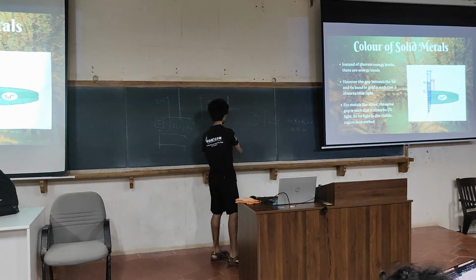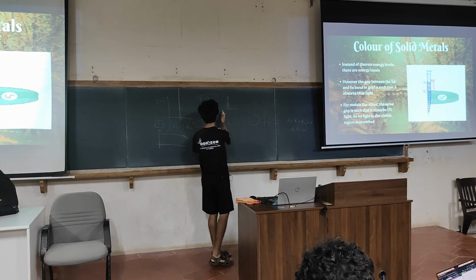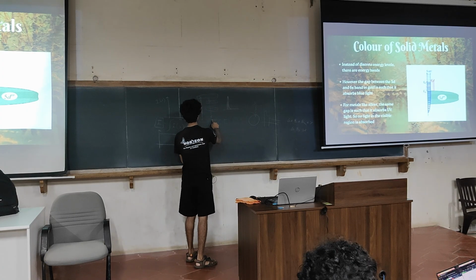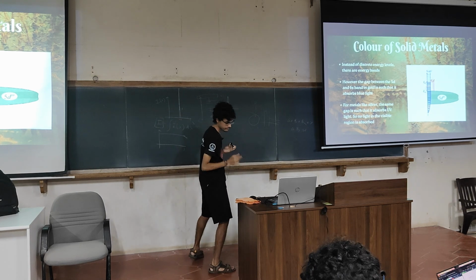So in gold you have the 5D band. I'll just use the same diagram itself. So let's say this is the 5D band and this is the 6S band.